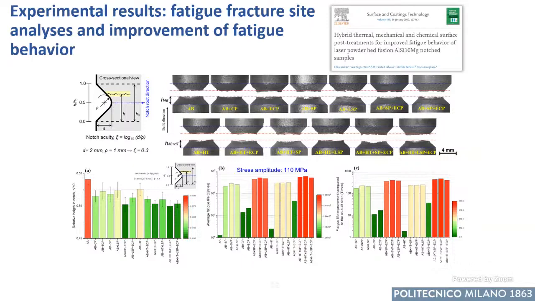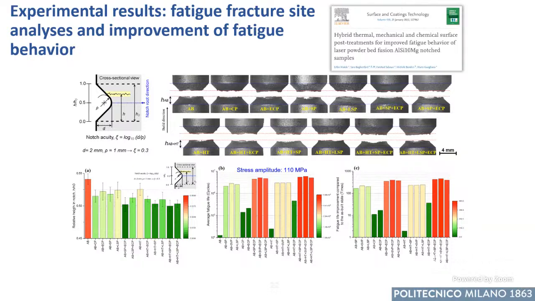But if we consider some treatment or some combination of treatments, that is AB plus shot peening or laser shot peening, or by adding also electrochemical polishing or simply chemical polishing, indeed the defects are removed, and the failure section goes back to what is expected, that is the minimum one. And this is the fatigue strength.